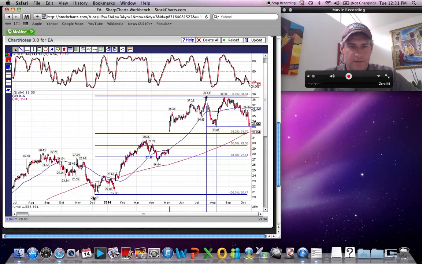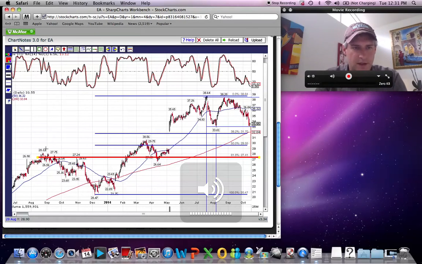Another thing, we have a corrective history here in this area, and let me see if I can get a nice large line here. You notice there's a lot of resistance, and support right in this area here. Let me scroll this down a little bit.